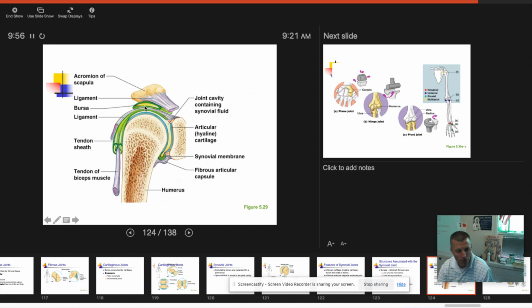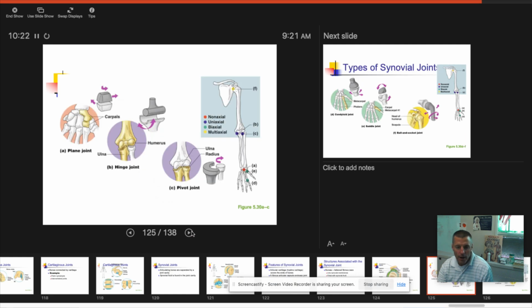Again, here's the bursa that's padding that. And do you remember in the hip replacement video, he talked about being already into the joint capsule here. This is the fibrous capsule that surrounds the joint.